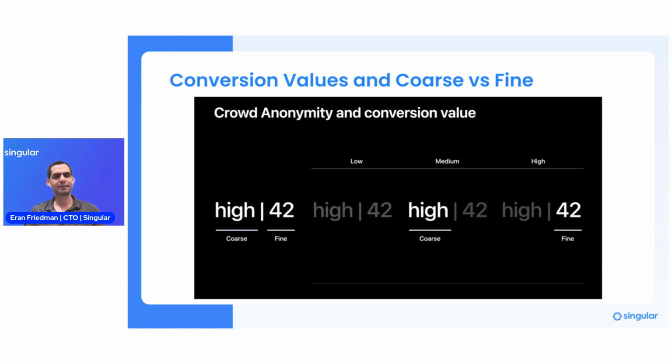So the idea is that when you run at high scale, you get the same conversion value that you receive today. But if you're at the medium level, you're at least going to have a basic low, medium, or high result that you can still use to optimize your users even at lower scales. So again, you would get a simplified version of conversion values called the Coarse conversion values, especially suited for the medium volumes of SKAN.